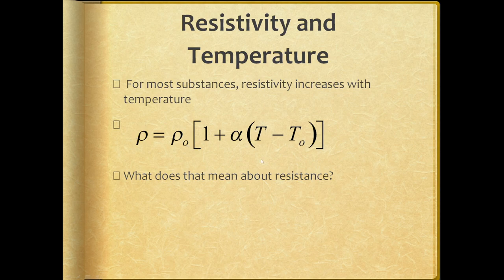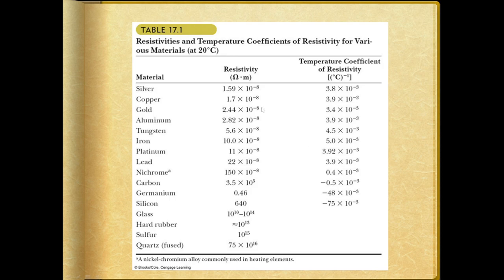Note, within the brackets here, 1 plus alpha times the difference in temperature from the baseline. Both of the terms here that have a subscript 0, the resistivity constant naught and temperature naught, represent the baseline state. On this particular chart, that baseline state is the resistivity at 20 degrees Celsius.